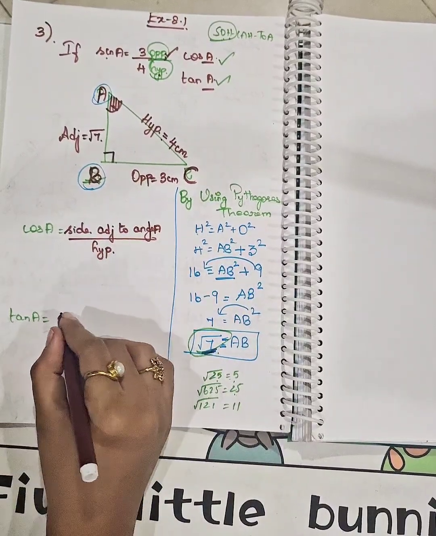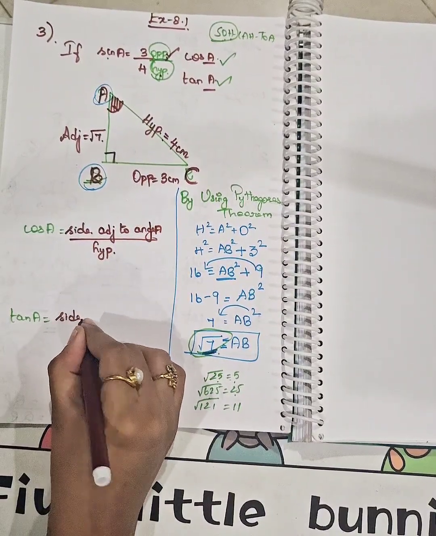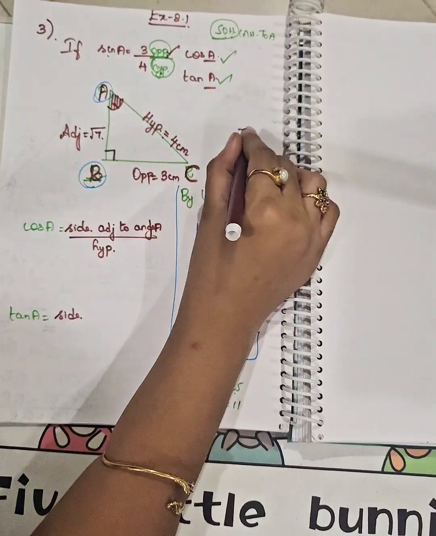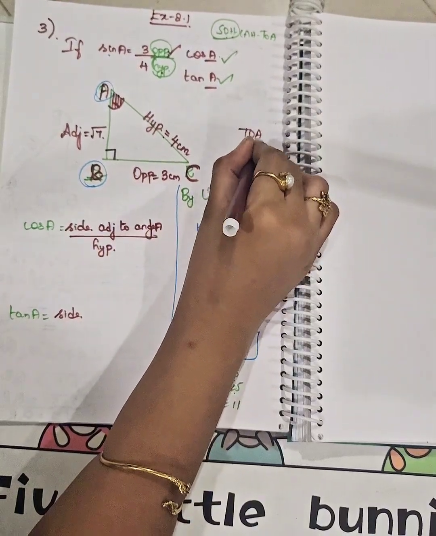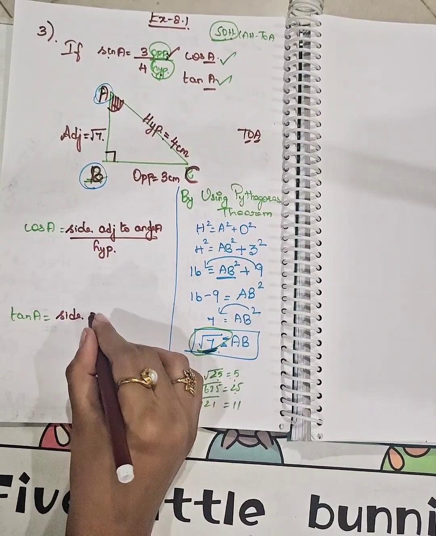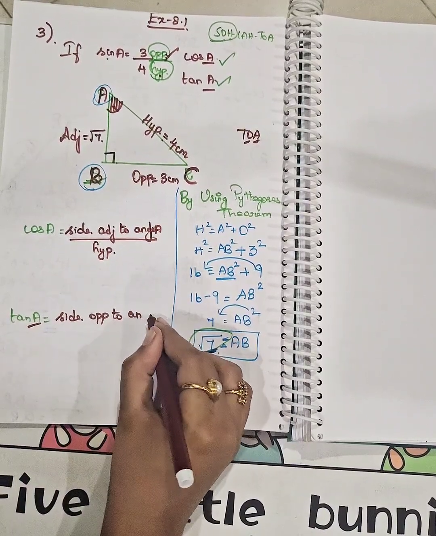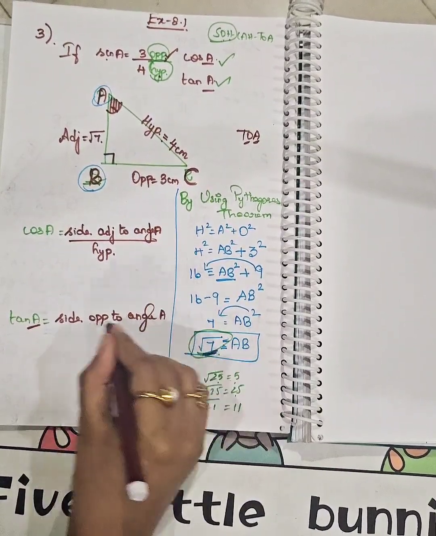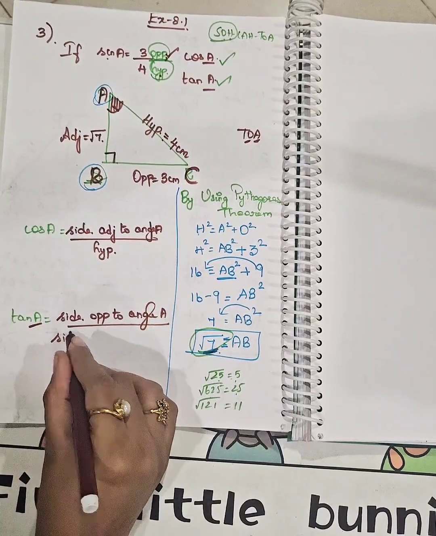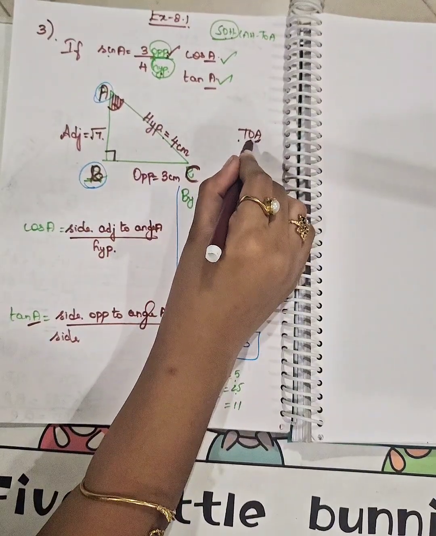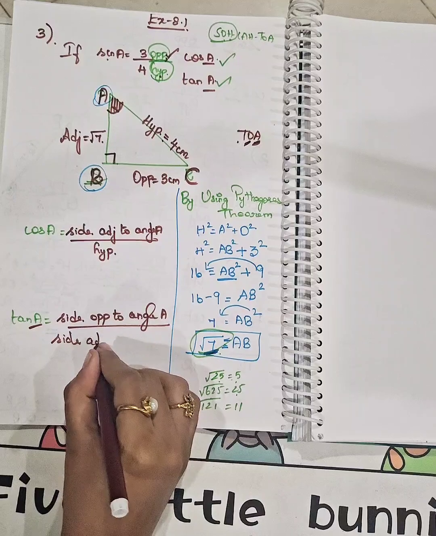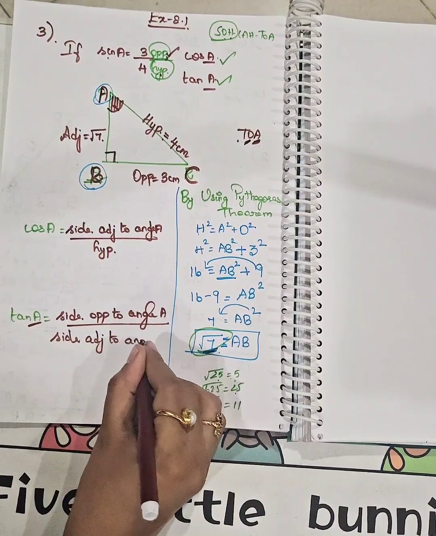Next, moving on to tan theta. T-O-A. Opposite, adjacent. So, side opposite to angle A divided by side adjacent to angle A.